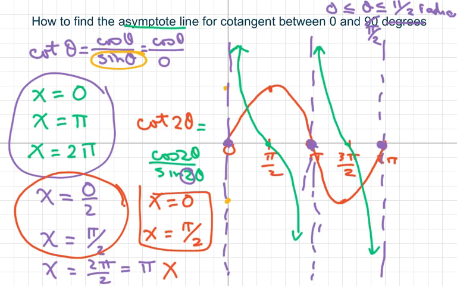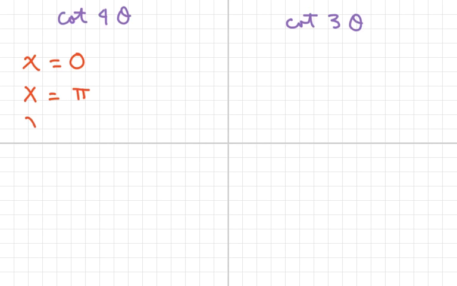Alright, let's try two more. Let's try cotan of 4 theta, and let's try cotan of 3 theta. What I'm going to do is write down the parent function asymptote lines and divide all of these by 4.